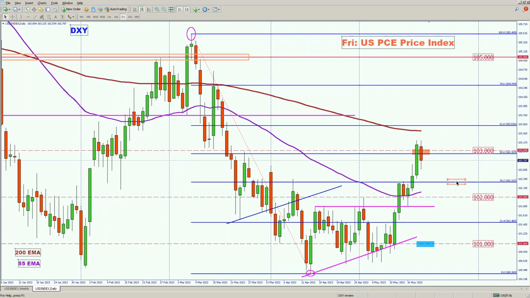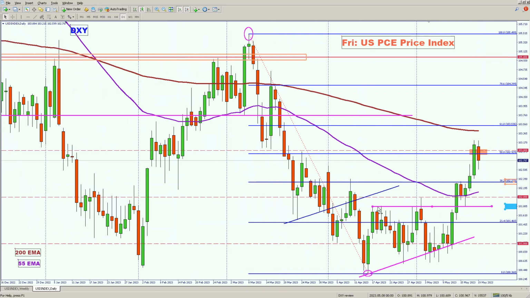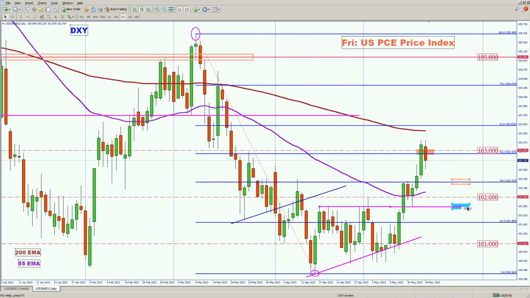So this breakout from this support level now, that's confirmed as a key support now.